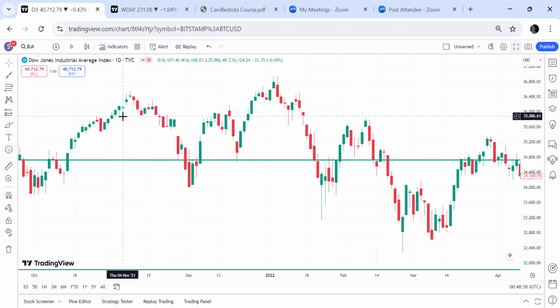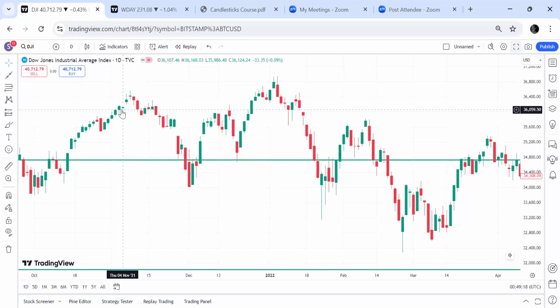It forms after a price increase, often signaling a potential reversal to the downside. Despite the bullish push that created the upper body, the long lower wick shows that sellers were able to pull the price back down, indicating potential bearishness.